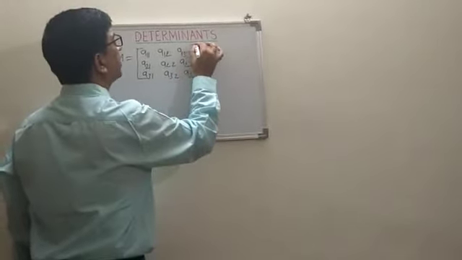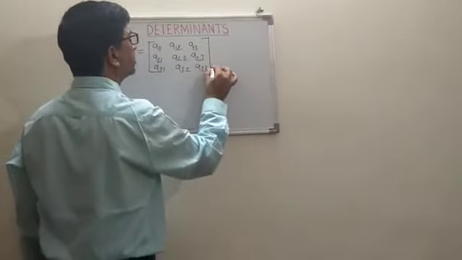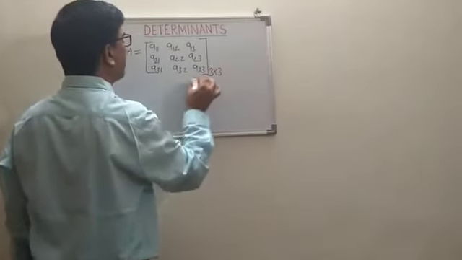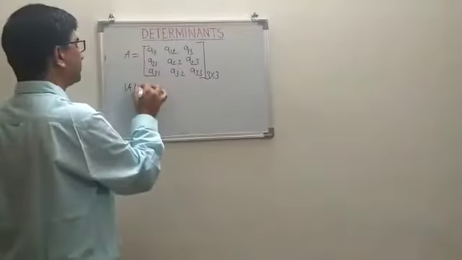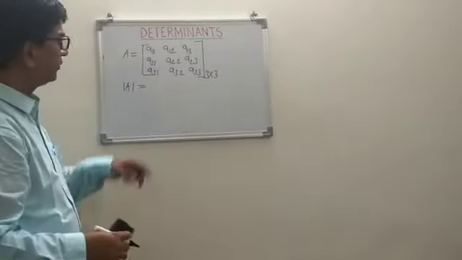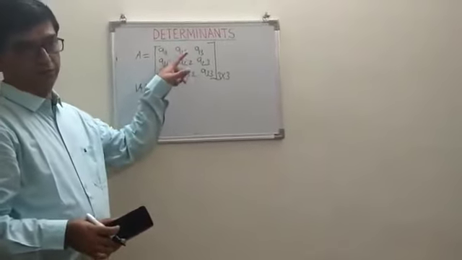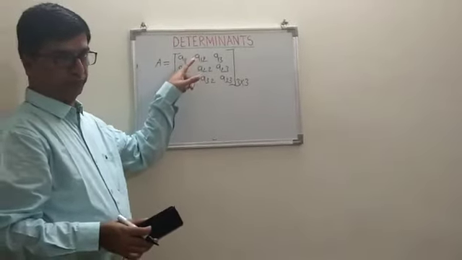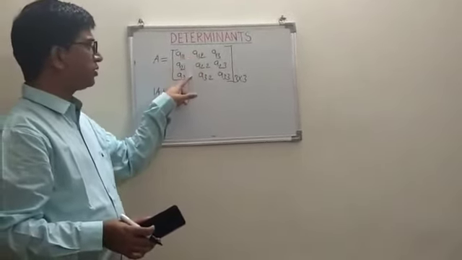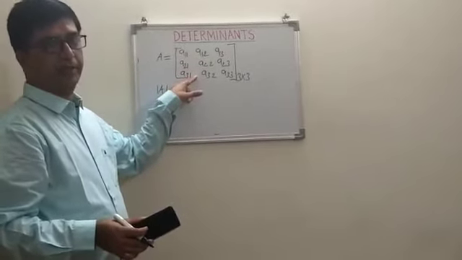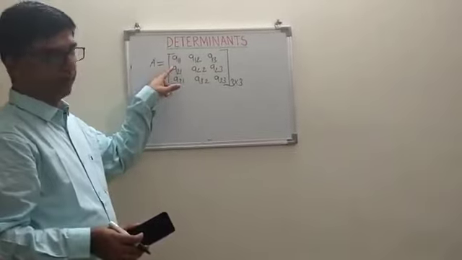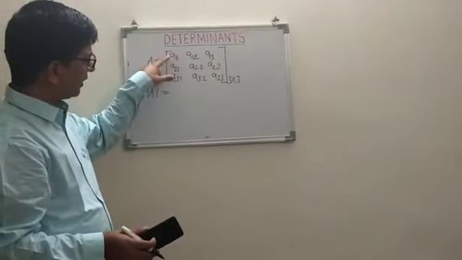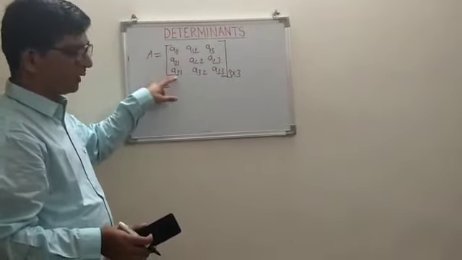We are finding the determinant of this 3 cross 3 matrix, that means an order 3 square matrix. It can be expanded along any row or column. There are 6 ways of expanding this determinant. We are expanding along the first column here, which has the entries A11, A21, A31.